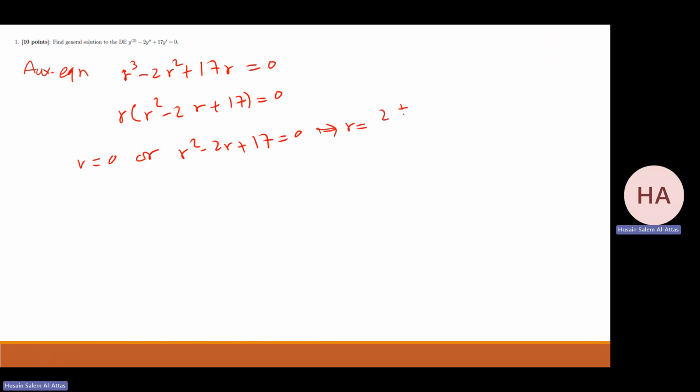R will be what? 2 plus or minus square root of b squared, which is 4, minus 4ac, 4 times 17, over 2. That will be what? 2 plus or minus, this is what? If I take 4 as a common factor, I have 2 square root of minus 16, which is 4i, over 2.